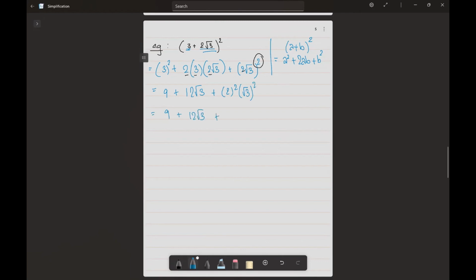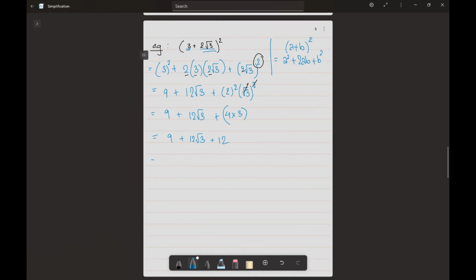And then 2 square is 4, and we know that square and roots are opposite operations, so these two will get cancelled out. And with this 4, we are left to multiply these 3. So we have 9 plus 12 root 3 plus 3 4s are 12.